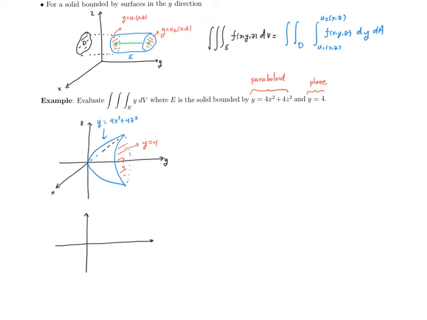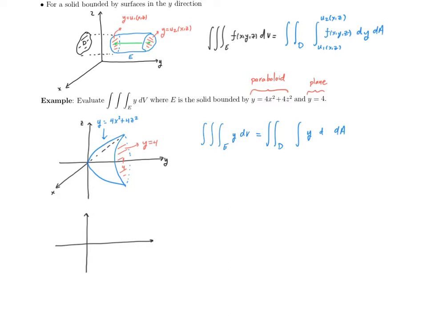Our task is now to take our triple integral over this solid E and rewrite it as an iterated integral. And remember, our thought process is we always approach this from a similar perspective. We have an outside double integral and we have an inside single integral.